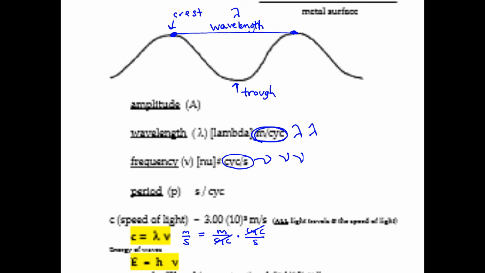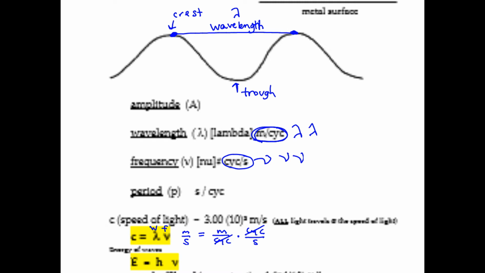I know it's a little confusing with these symbols, but if you want to write in W and F for wavelength and frequency, that might help. You're going to see that the units match up with the speed of light, meters per second. So all light travels at 3 times 10 to the 8th meters per second.